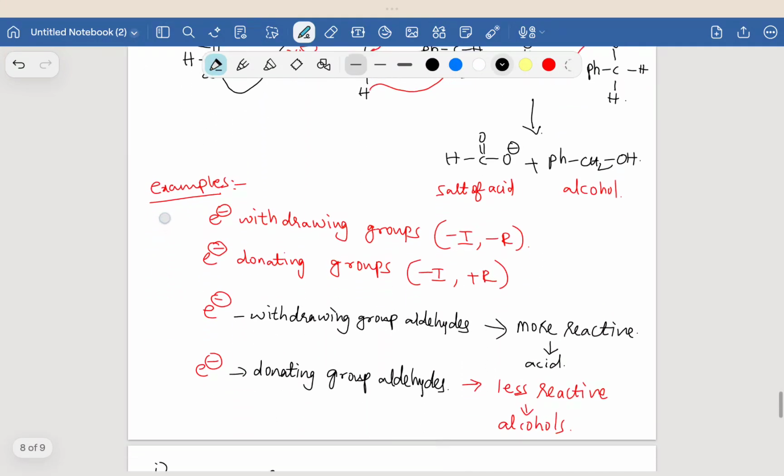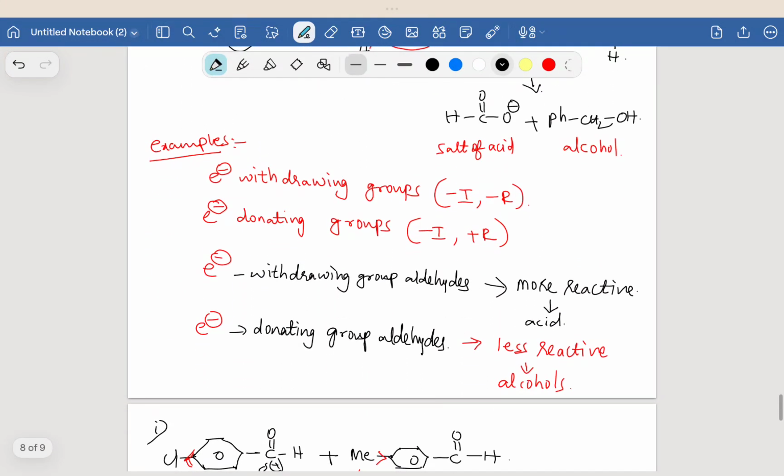Next, electronic effect examples. If you see, again it affects which is more reactive and which is less reactive. Electron withdrawing groups follow minus I, the inductive effect, and minus R. But here electron donating group, sorry, I kept minus I, so here we need to keep positive. So plus I and plus R and plus M, plus H also, because hyperconjugation might also be possible.